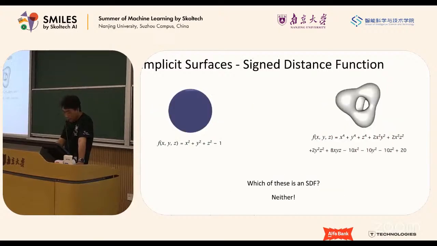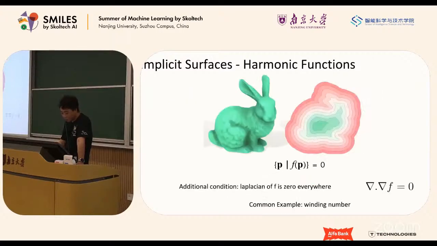Signed distance function is maybe the hottest implicit surface. Like its name, it stores the signed distance. Here is an example: we can send an XYZ point into the function, and we can calculate its value.